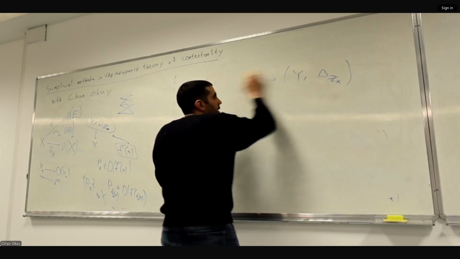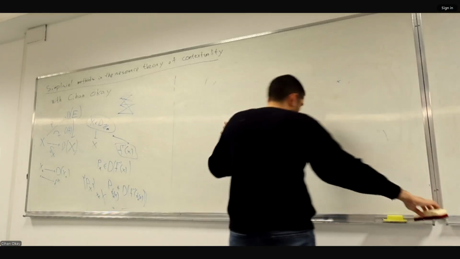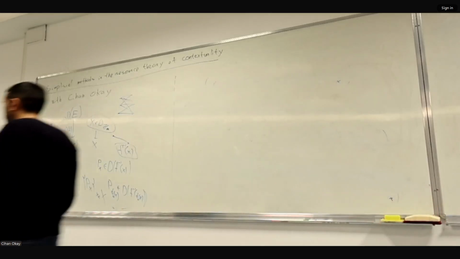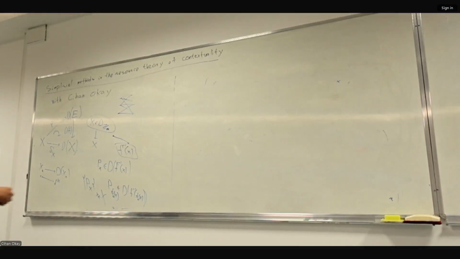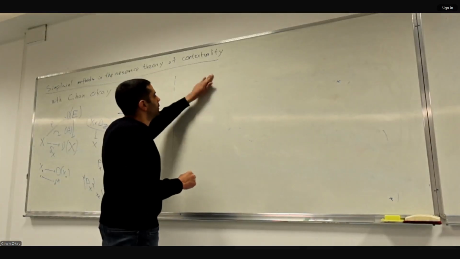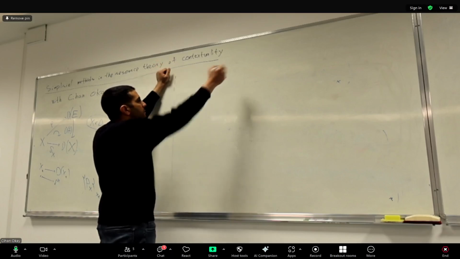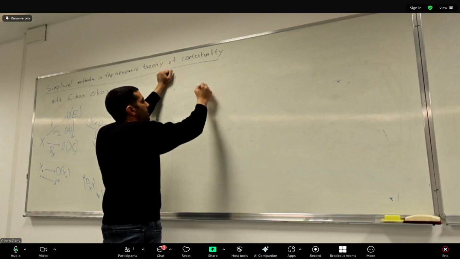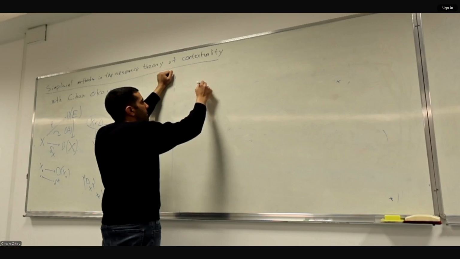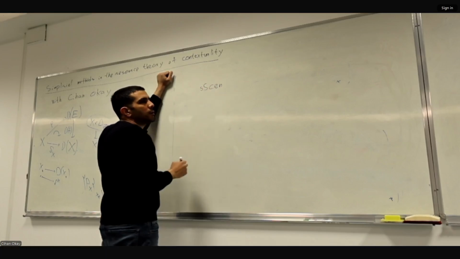So what is our goal? To define this as a category, with morphisms as we explained there. We call it the simplicial scenario category.